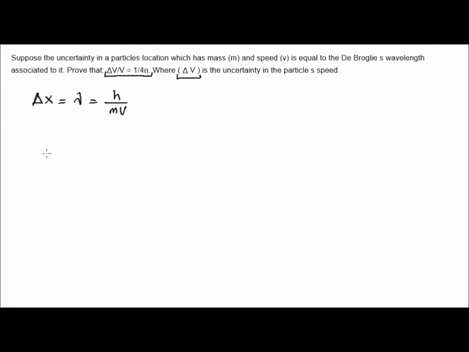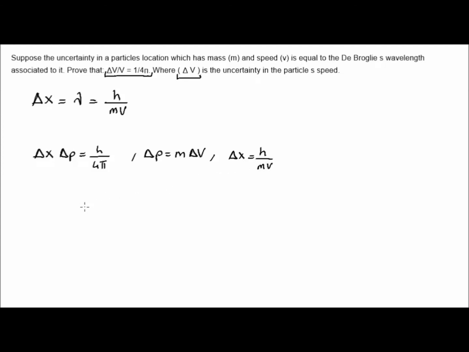The formula of the uncertainty principle is delta x times delta p equals h over 4 pi. And as you know, delta p equals m times delta v, and delta x equals h over mv, because it says that.